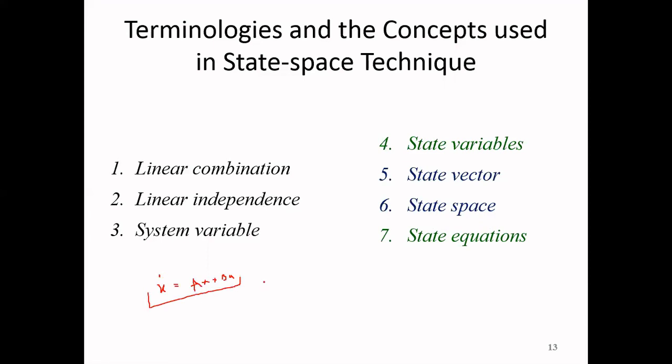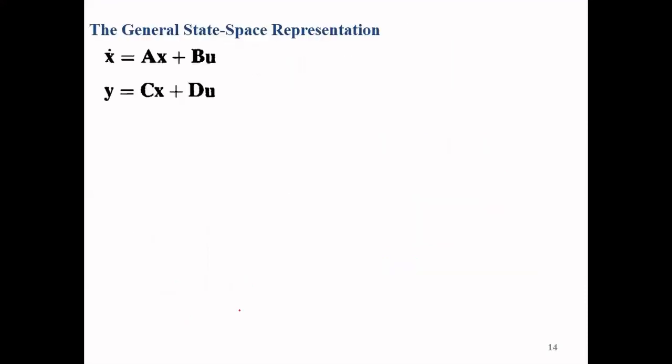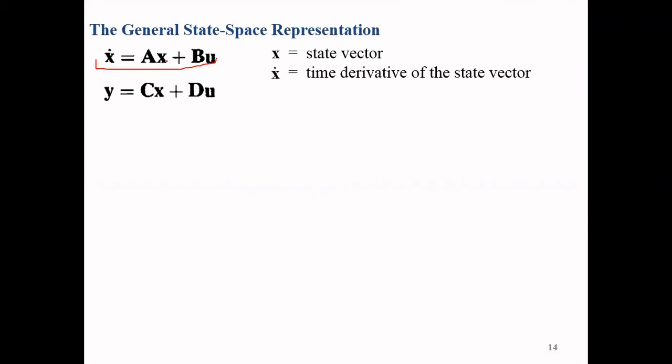This is called the state equation, and the output equation gives us the output. So this is our state equation, and this is our output equation. Y is the output. X is the state vector which has all the state variables, and x dot is the time derivative of the state vector. U is input, which is used here and here.